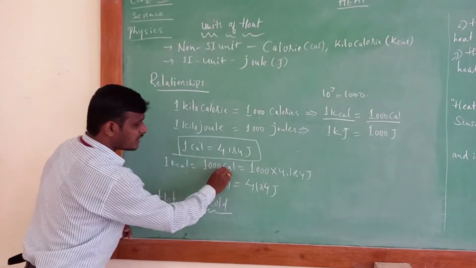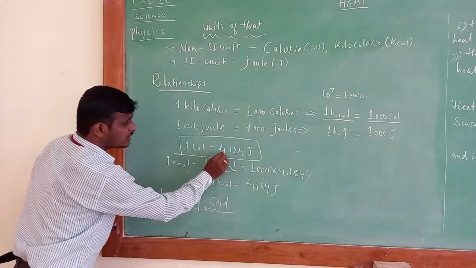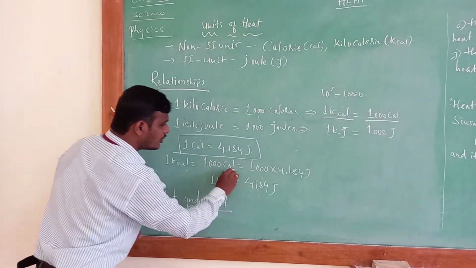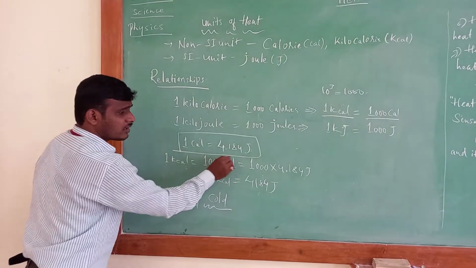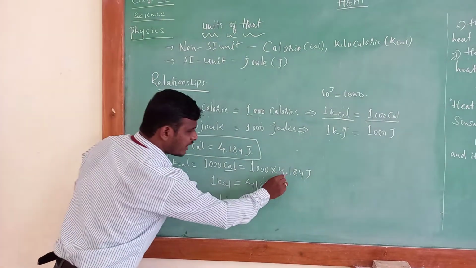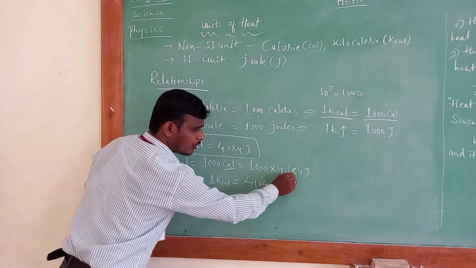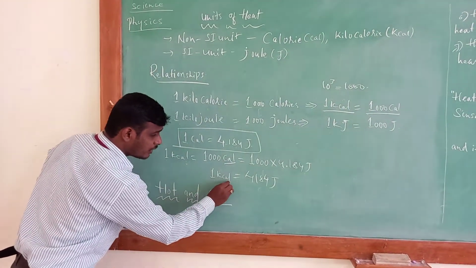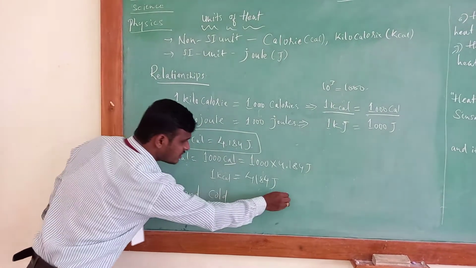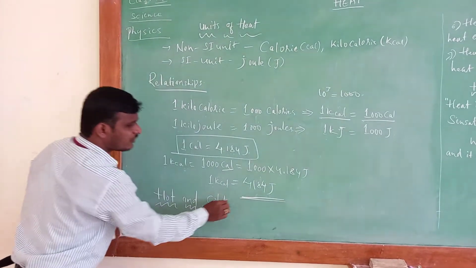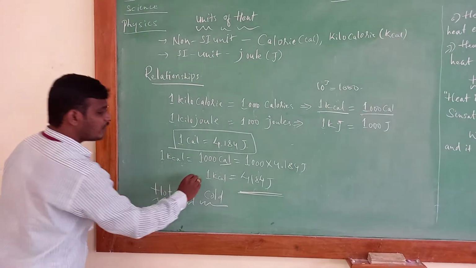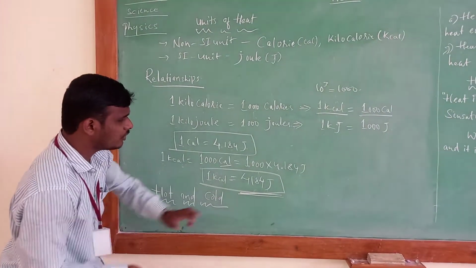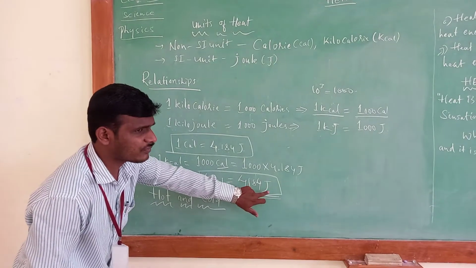So 1 calorie value is 4.184 joules, and 1000 times 4.184 joules gives 4184 joules. Therefore 1 kilocalorie is equal to 4184 joules.